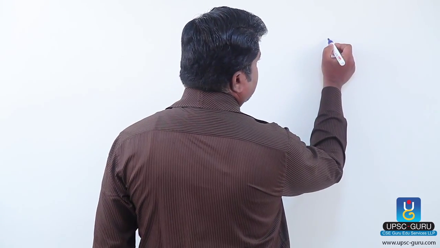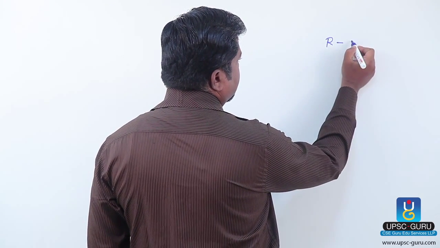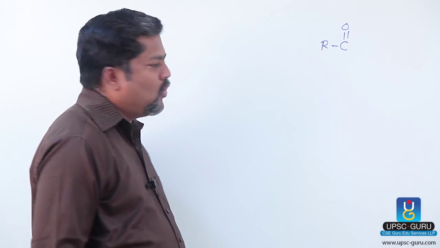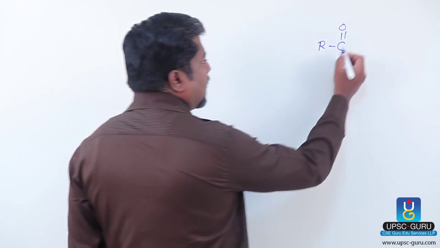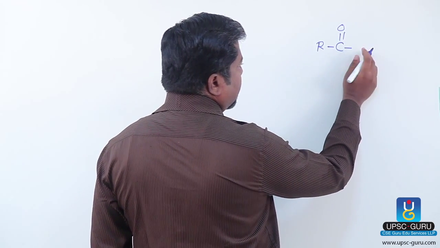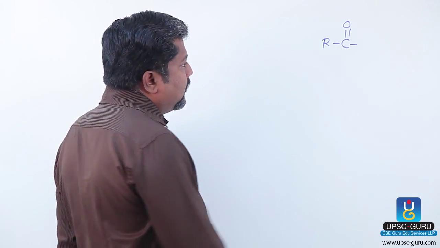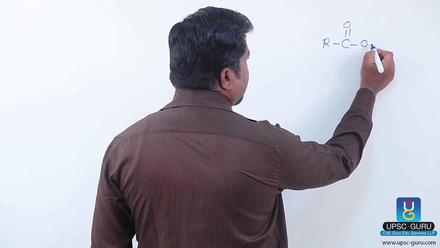Now the third functional group after R we are discussing. I am writing again R, C, here we have written double bond O, and here in the first example of aldehyde we have written H, but instead of that I am writing OH here.